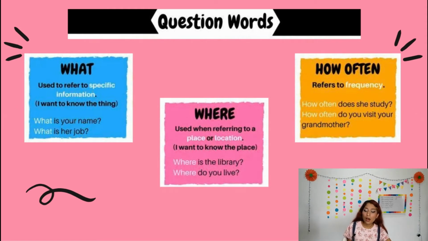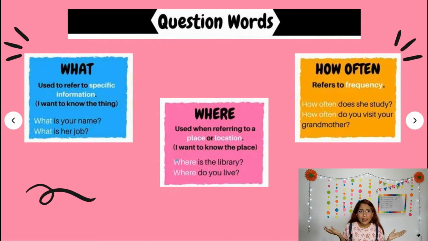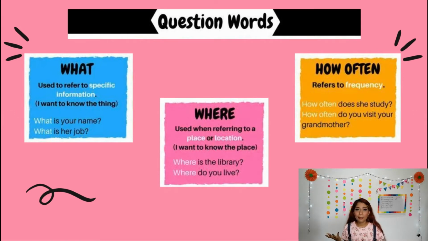Okay. And we have also where. We have that is used when referring to a place or location. I want to know the place. Where is the library? Where do you live? Or for example, where are you from? ¿De dónde eres? Okay, so that's the important place that we are asking about.